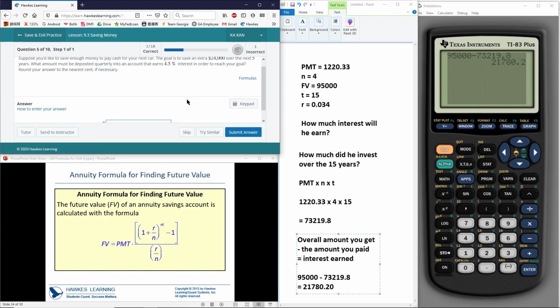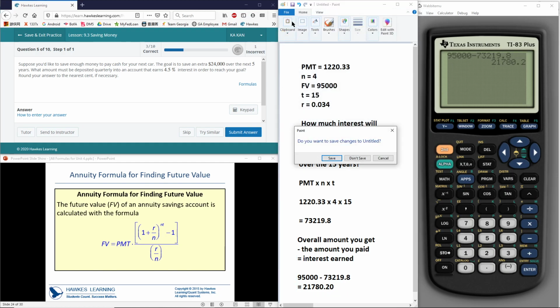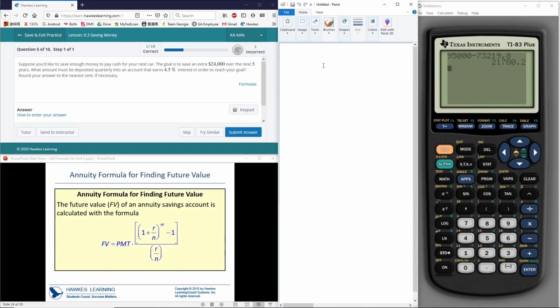So now for this next guy, suppose that you save enough money to pay cash for your next car. The goal is to save an extra 24,000 over the next 5 years. So already you can tell that he is looking for a future value of $24,000. That's what he wants. Okay, and that's for a time period of 5 years.